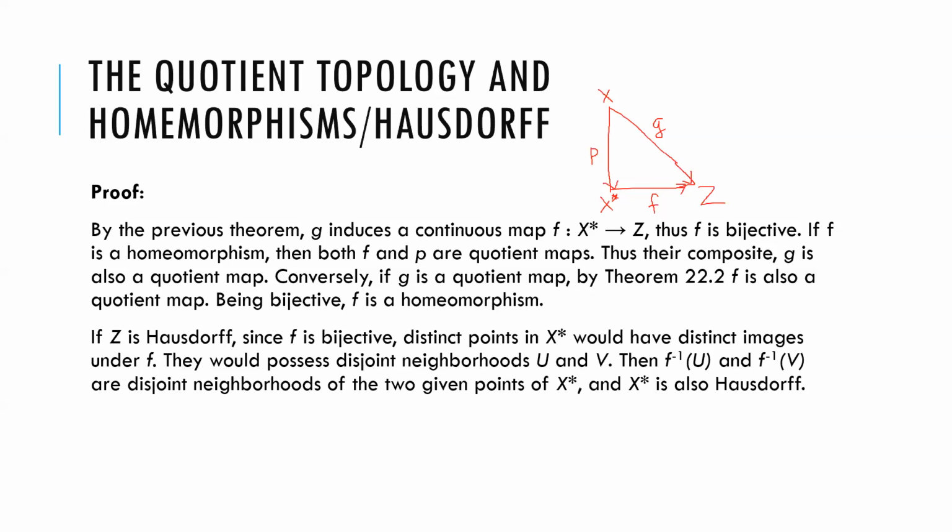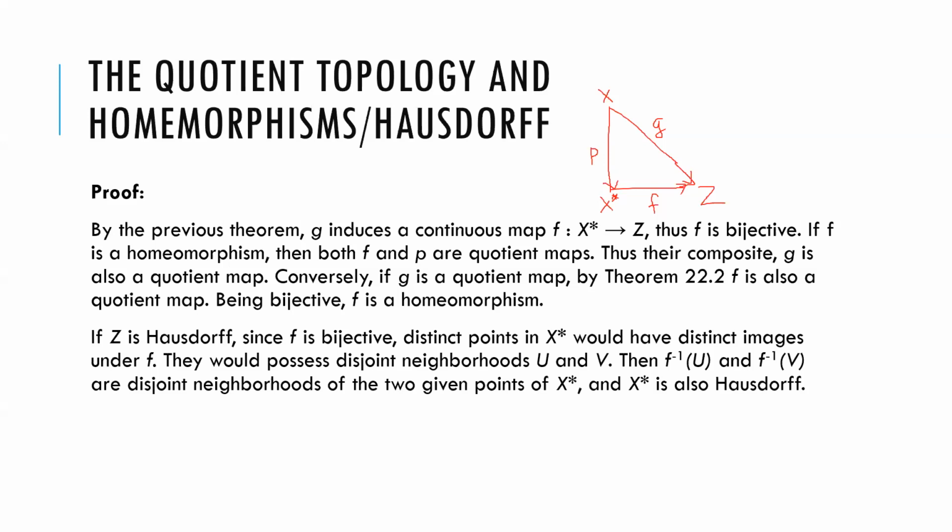Wait, I'm really sorry. Is our Z finite or infinite? Do we know this? Because if it's finite, then F is actually bijective. We don't know anything about our Z. But the thing is that for every image you get only one pre-image.